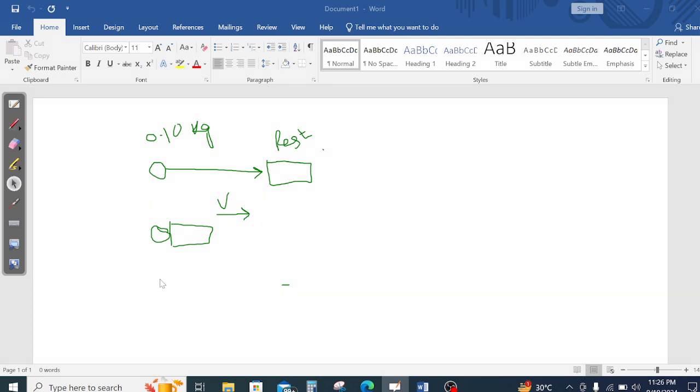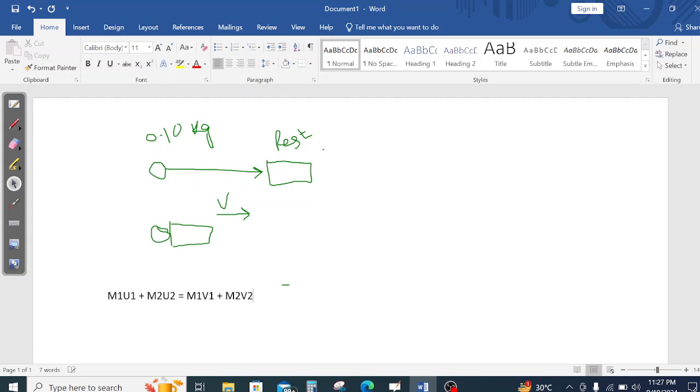So you have to apply the formula that I will write here: m1 v1 plus m2 v2 is equal to m1 u1, sorry, you have to mention u1, initial speed is written as u1, and v1 after the collision, plus m2 v2.